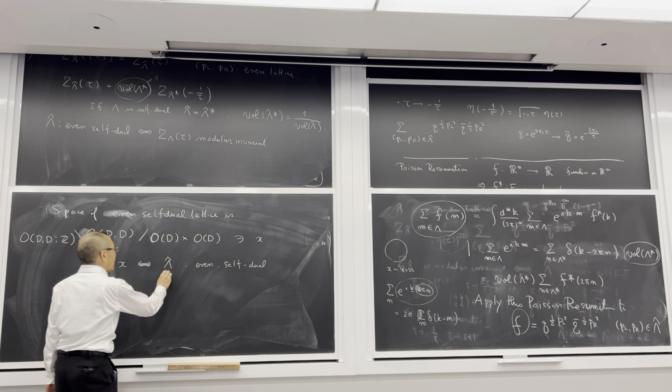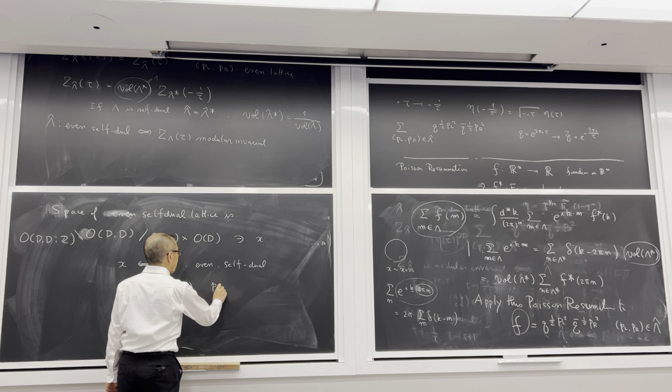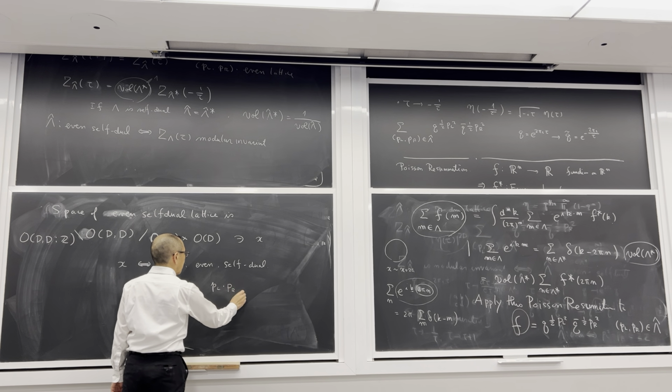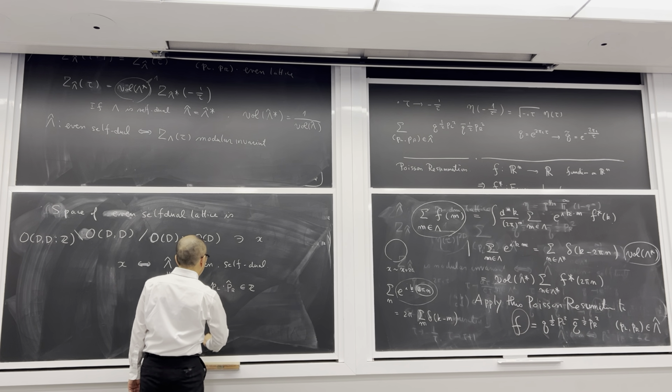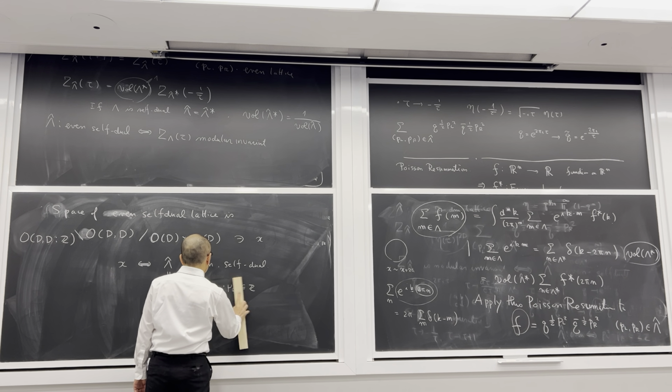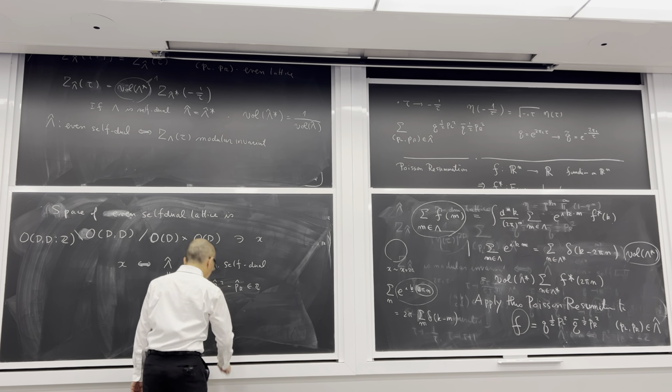So an even self-dual lattice, as I said, consists of points where P left and P right are such that P left square minus P right square is an integer, and self-dual.